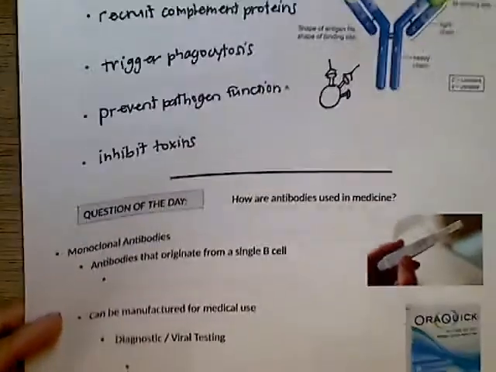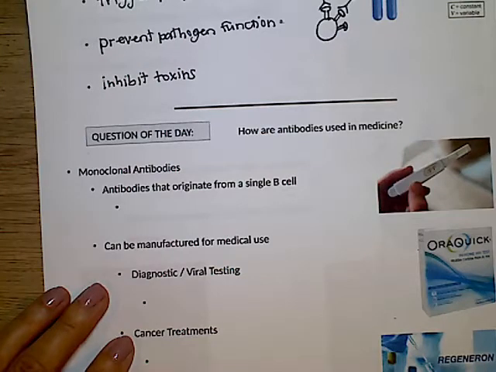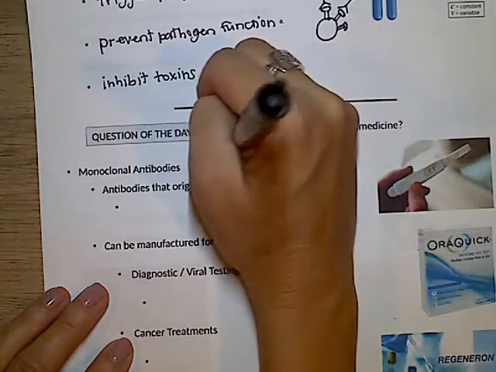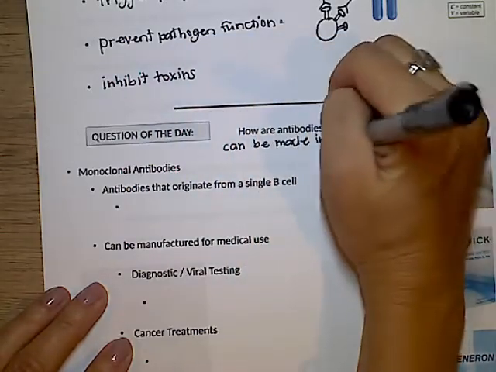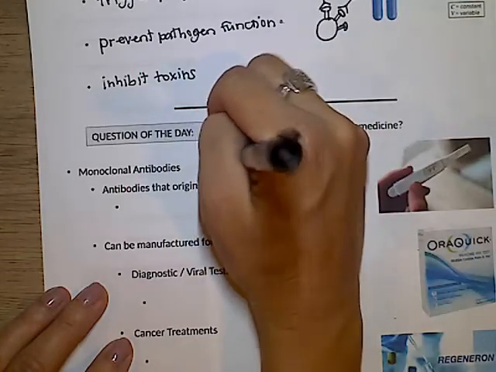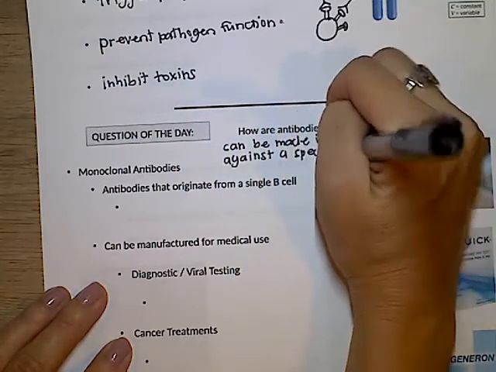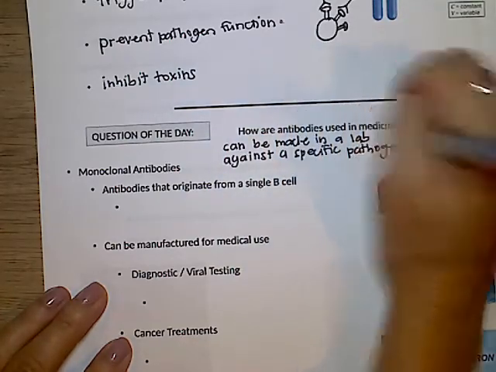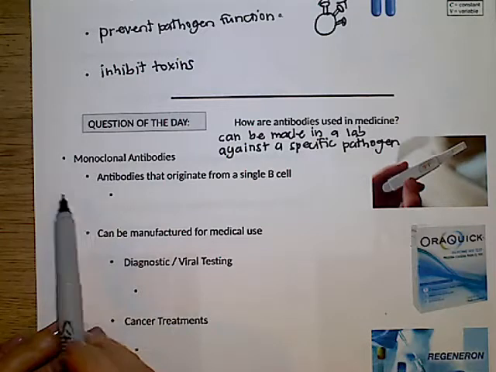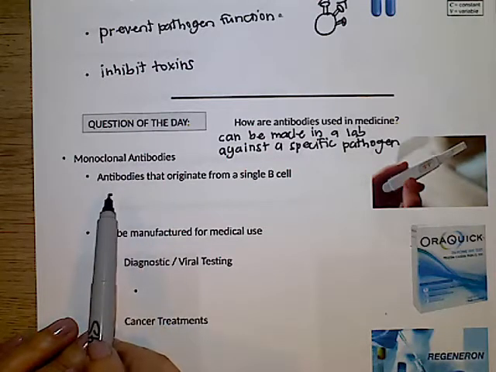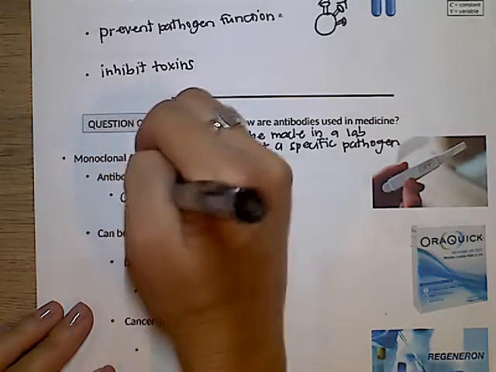So our question of the day: how are these antibodies used in medicine? These can occur naturally, but they can be made in a lab against a specific pathogen. So monoclonal antibodies are antibodies that originate from a single B cell, and they can bind to one specific antigen.